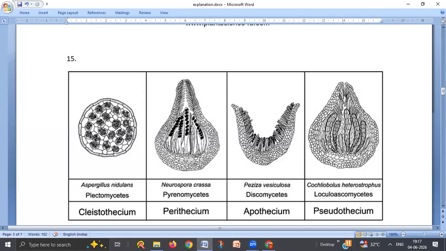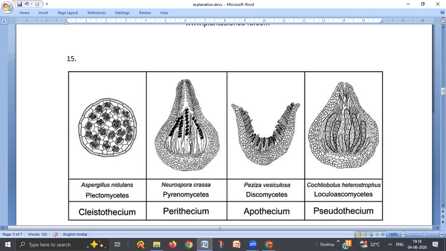Okay, just like mushrooms. Mushrooms belong to another family, that is Basidiomycetes. It also shows an umbrella-like structure, that is a fruiting body. And in case of others like Ascomycotina, we find cleistothecium. It is a closed structure that is called cleistothecium.